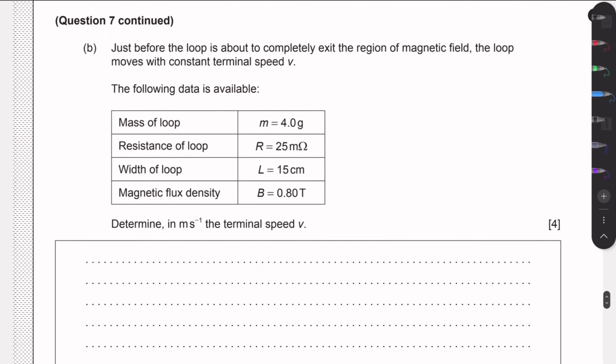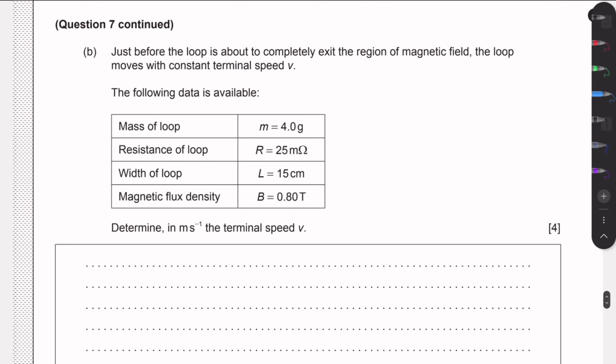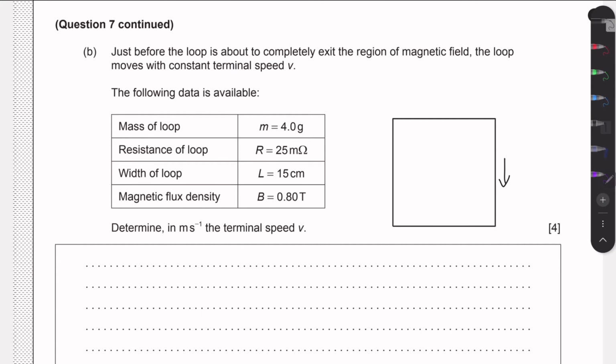And then we are told that just before the loop is about to completely exit this region, the loop moves with constant terminal speed v, and we're given some data, and we need to calculate this terminal speed. So first of all, let's think about why the loop is going to be moving at a constant terminal speed. So it's falling down like this, and we're told that it's just about to leave.